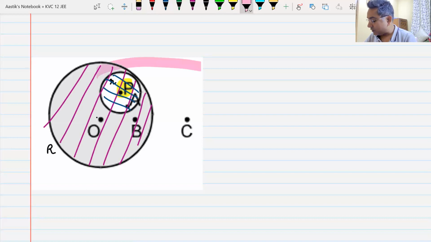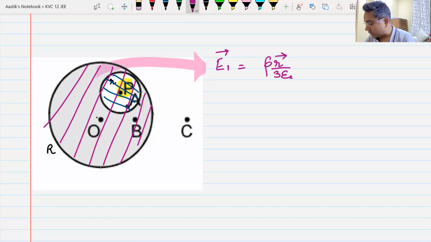What is the electric field due to this at the point P? Yes. E1, I'll call it. E1 vectorially will be equal to rho r vector, this is the position vector of the center of the hole from the center of the sphere, divided by 3 epsilon naught. Do we understand this?